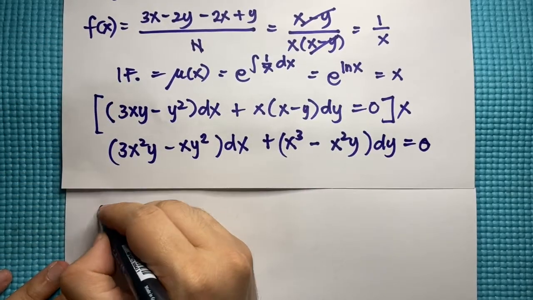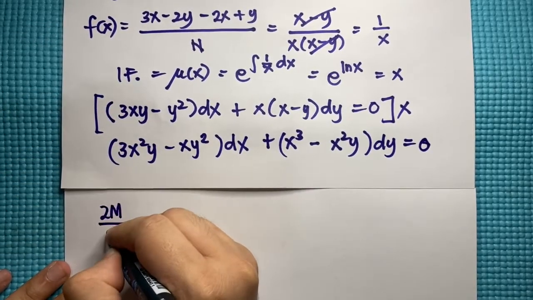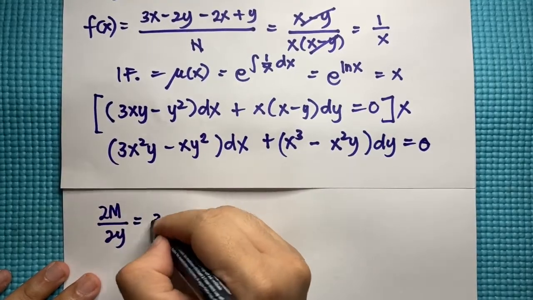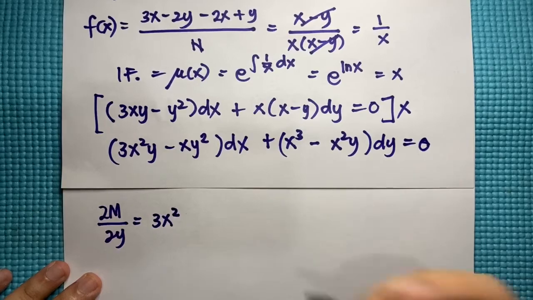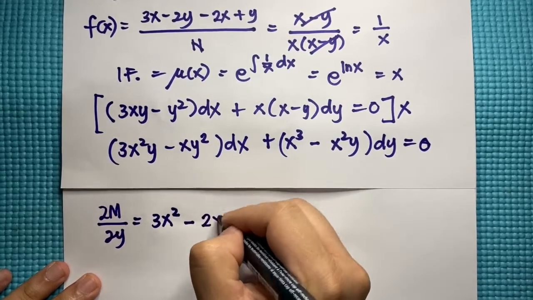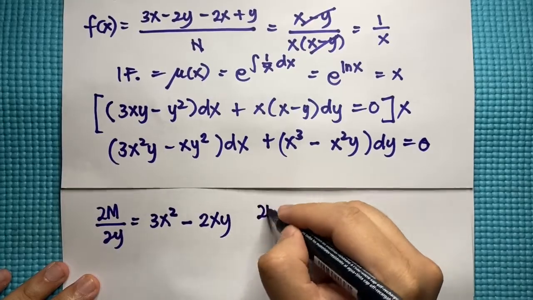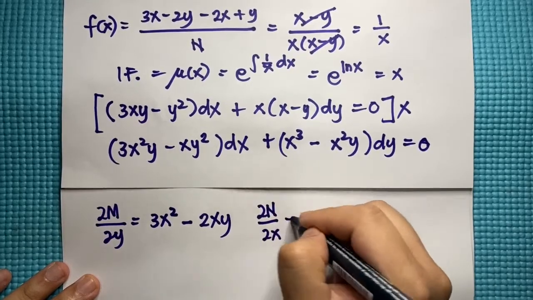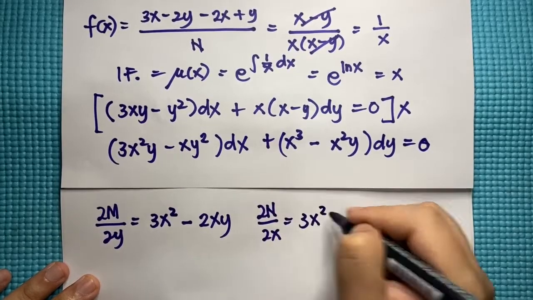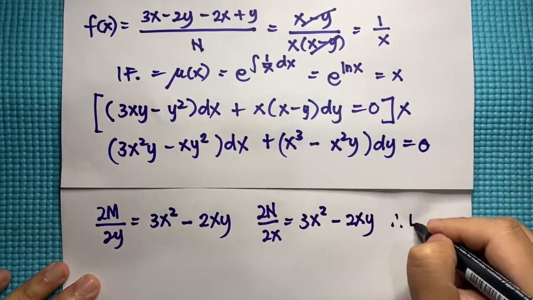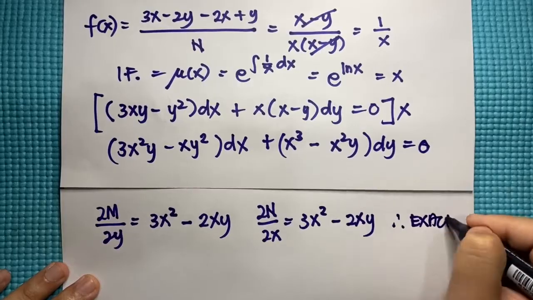The partial derivative of M with respect to y is 3x squared minus 2xy, and the partial derivative of N with respect to x is 3x squared minus 2xy, making it exact.